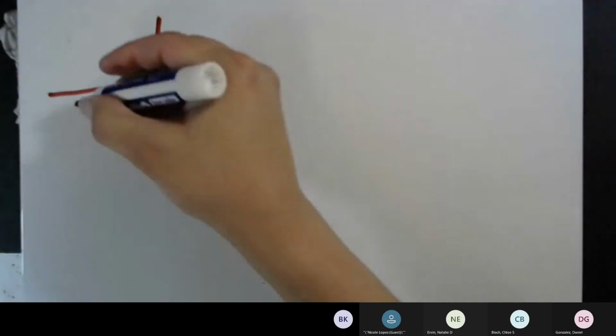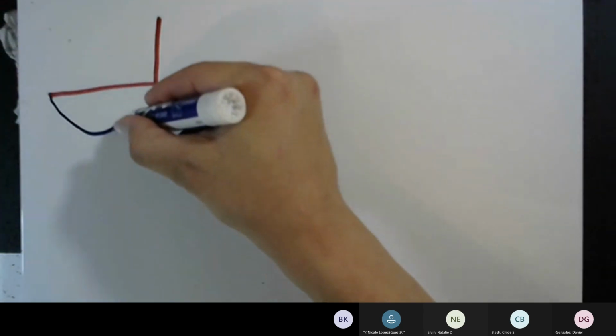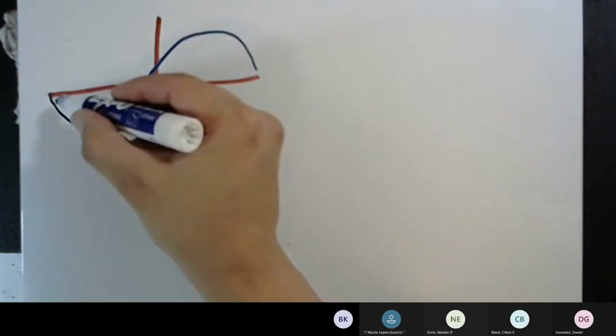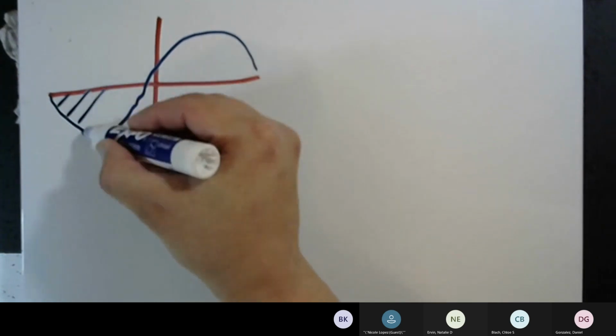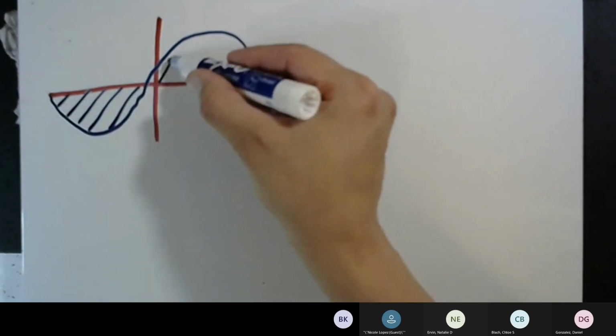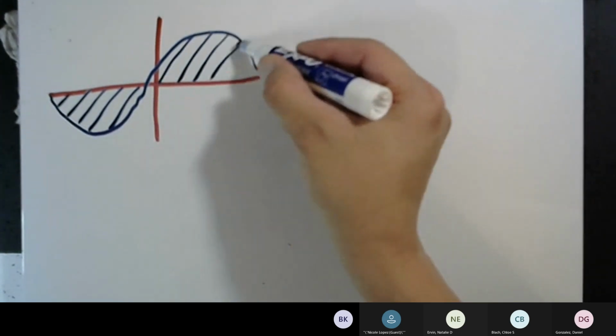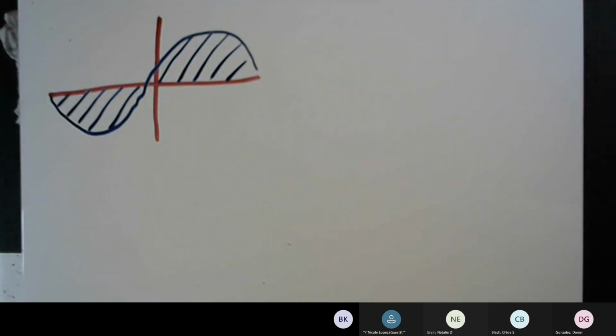So if you have a function that's doing something like this, and you wanted to find the total area here, that's one way you could do it.